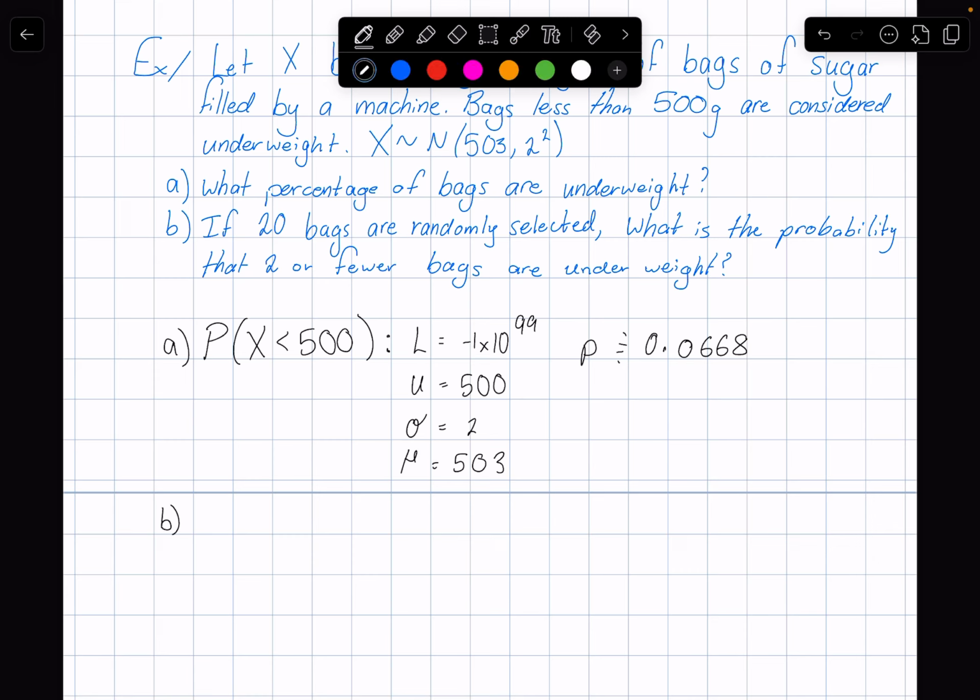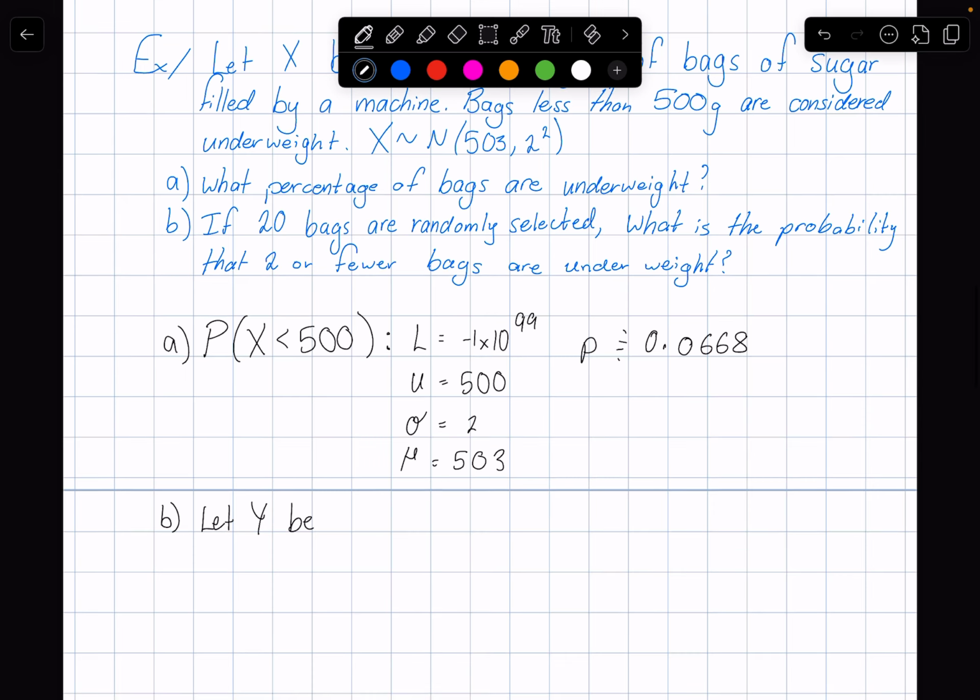The first thing is to define, or let Y be the number of bags which are underweight. Now we want to find the probability that we get 2 or fewer bags, so the probability that Y is less than or equal to 2.